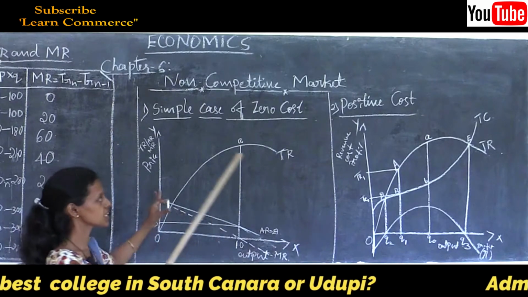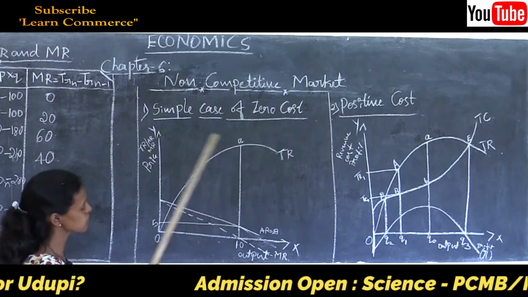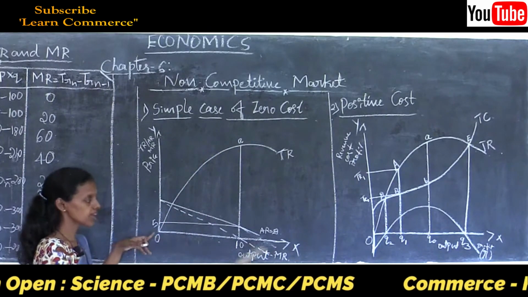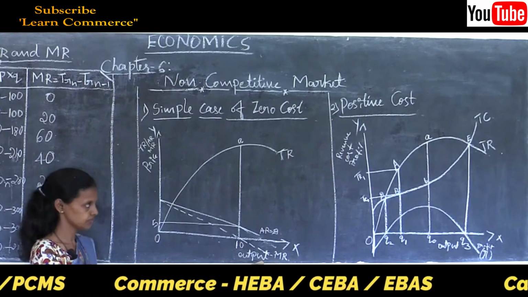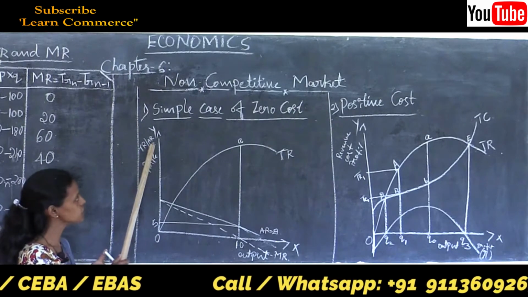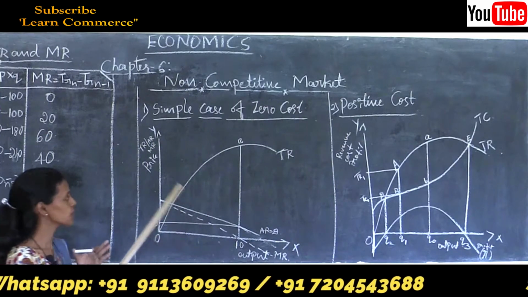The same example we are explaining with the help of a diagram. See here. The OX axis represents the output produced by the monopoly firm. The OY axis represents total revenue, average revenue and marginal revenue of the firm, and also prices.